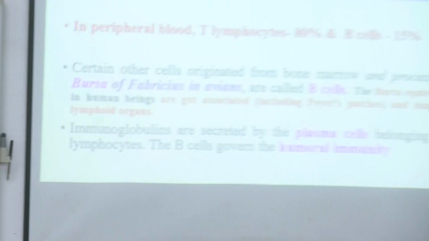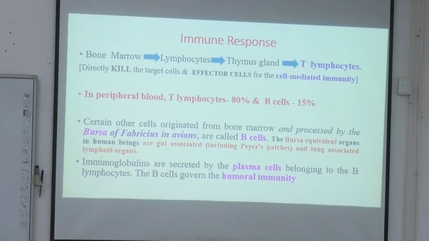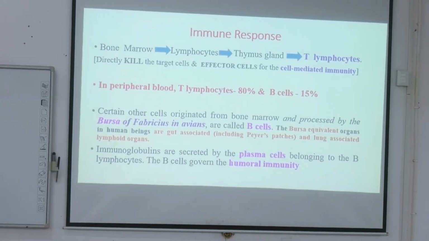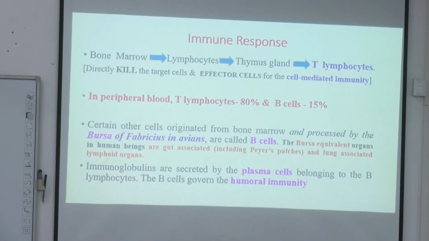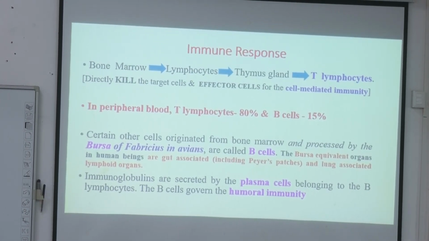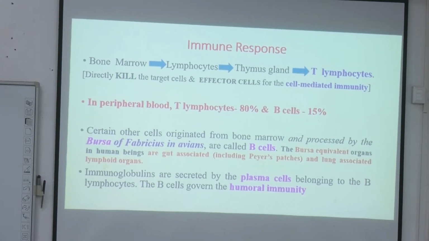These T lymphocytes are important for cell-mediated immunity, in contrast to B cells, which are solely responsible for humoral immunity, but both act together at times. In the peripheral blood, 80% are T lymphocytes and B cells are 15%.